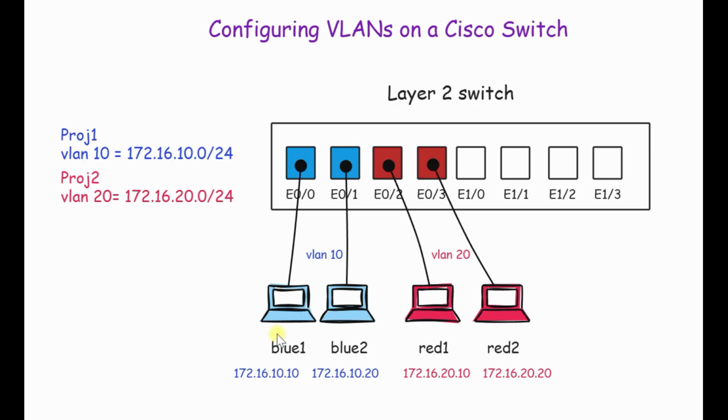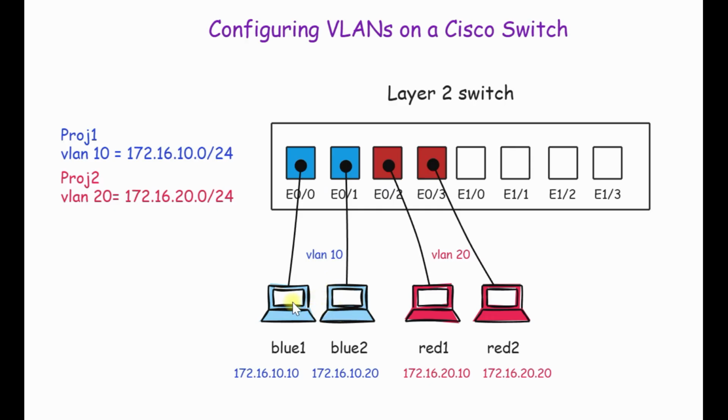Okay, so the first machine, which is VLAN 10, colored blue, is 172.16.10.10, and the next one is 10.20. Same with the VLAN 20 machines, the red ones: 172.16.20.10 and 20.20.